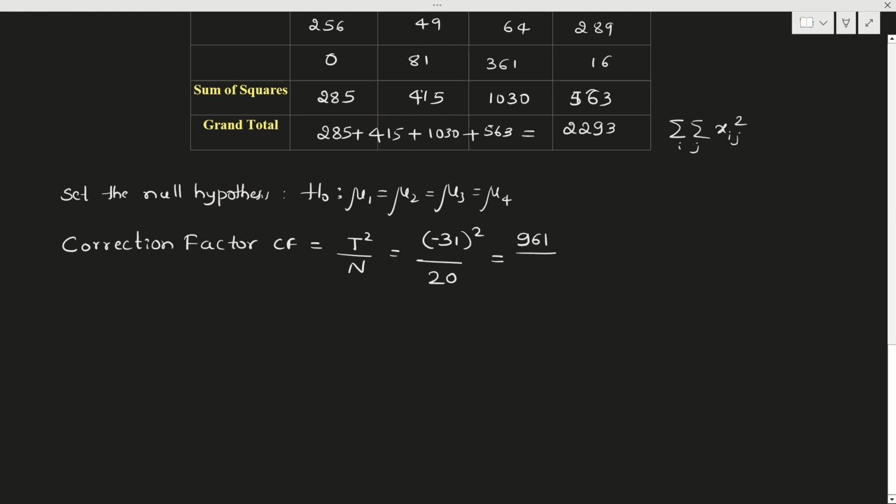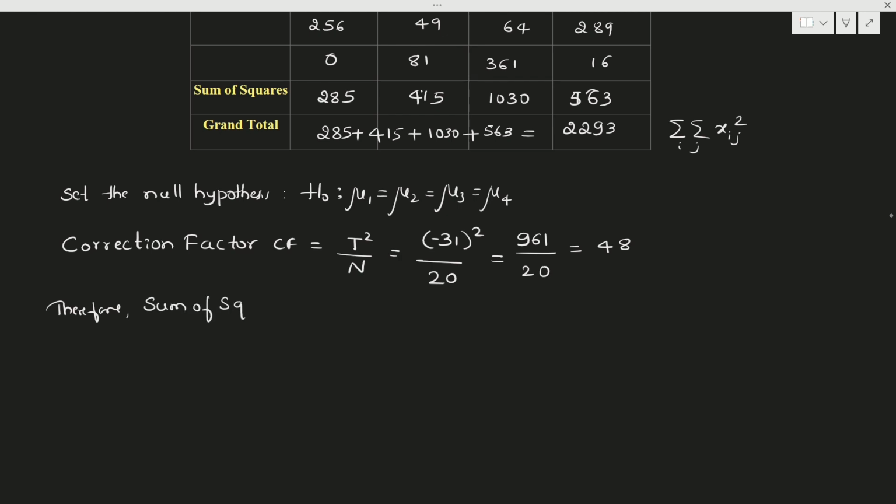961 divided by 20. When you divide, you will get 48. Therefore, the total sum of squares, we denote it by SST. It is the summation over i, j of x_ij square minus the correction factor.